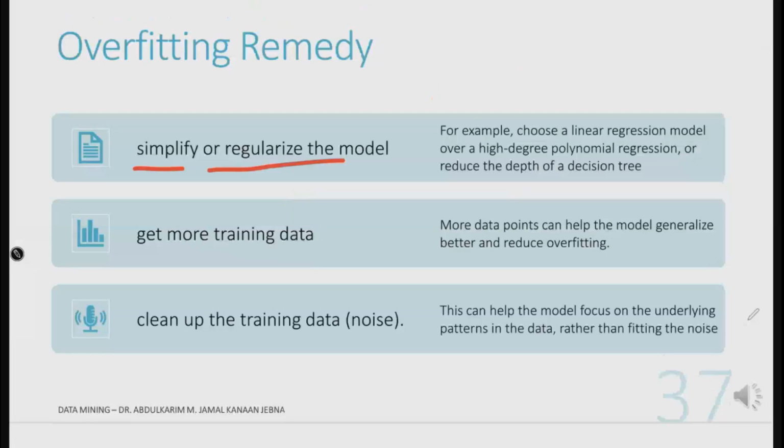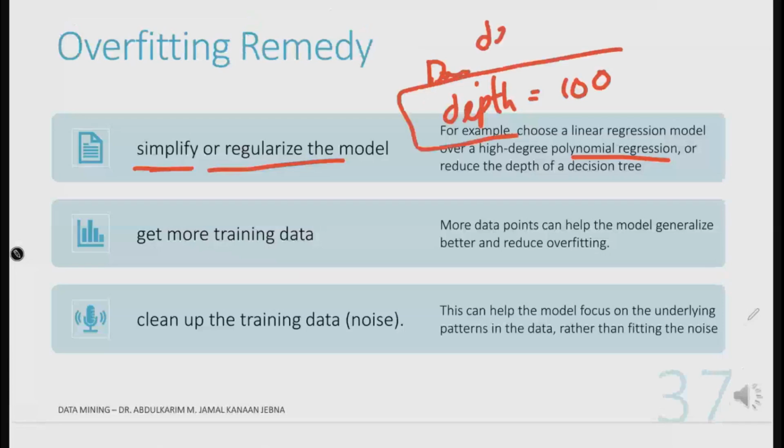Let's say you're going with a decision tree, or regularize your model, same thing. Decision tree, where there's the level of the tree, they call it the depth of the tree. The depth of the tree is 100, while the optimal depth, as I said earlier, should be 10, right?